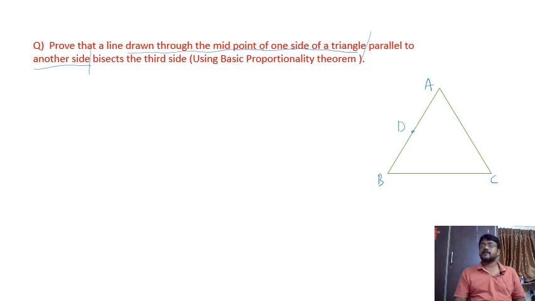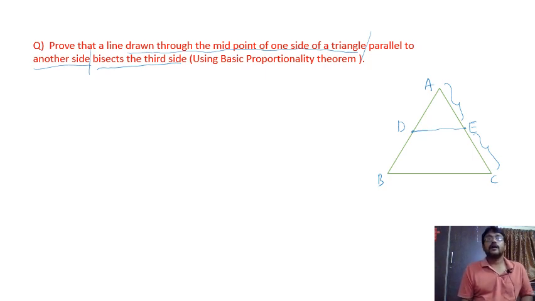Suppose I have started from D and am drawing parallel to BC, and this line goes and meets AC at a particular point. Suppose the point is E. Then what happens? This DE bisects the third side. That means it goes to the point exactly in the middle of AC. That means AE and EC will also be equal. That means DE bisects AC. That's what we have to prove.